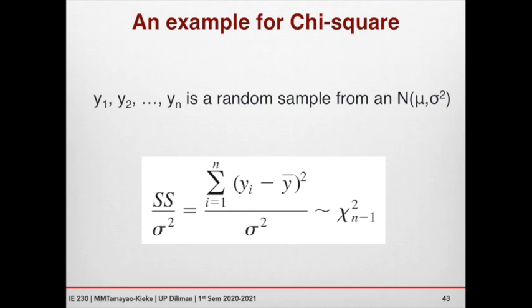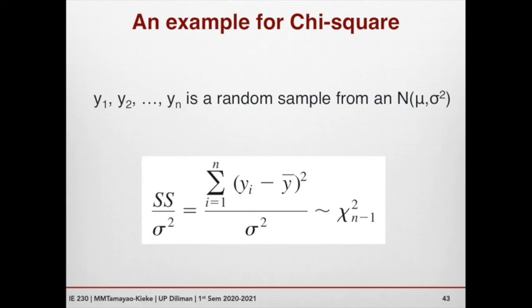As an example of a random variable that follows a chi-square distribution, suppose that y1, y2 to yn is a random sample from a normal distribution with mean mu and variance sigma squared. Then, the sum of squares divided by the variance here follows a chi-square distribution with n minus 1 degrees of freedom.